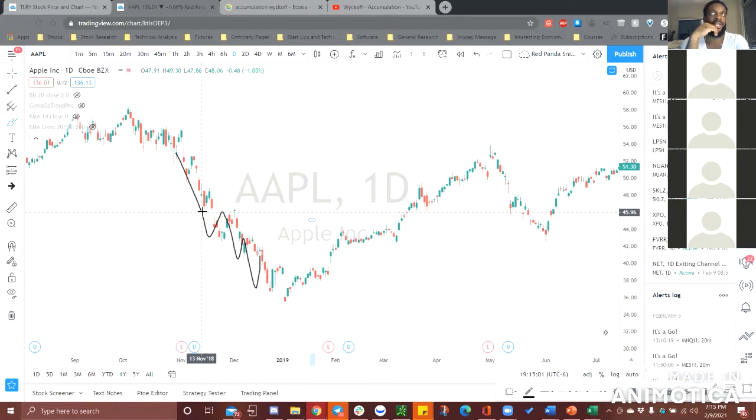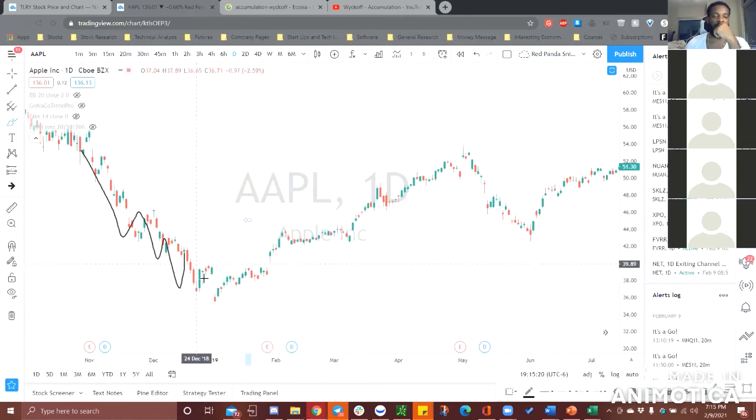Accumulation and distribution are ways of analyzing when price starts moving sideways. When price moves sideways and isn't making big moves, that's when we're trying to see: is this accumulation or is this distribution?